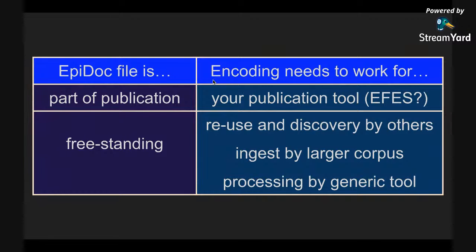And then it may need to be processed by some more generic tool, not necessarily publication tools, but also tools that would transform your EpiDoc file into linked open data, for example, following either epigraphical or papyrological practice, or other kinds of tools that would take your data and turn it into structured data of one kind or another. So I mentioned this just to have an eye to making your file still useful outside of the context of your publication tool. There may be some things you want to do slightly differently for that purpose.